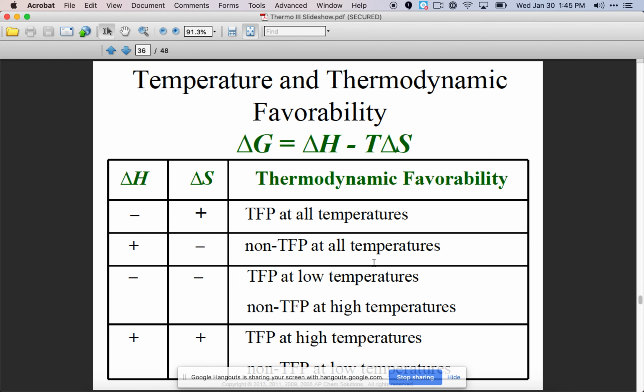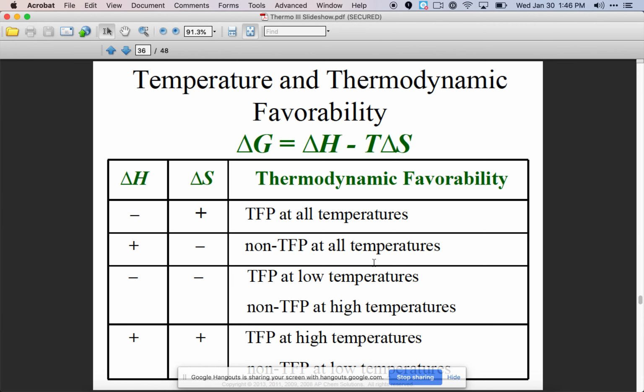Now, unfortunately, that is not a guarantee that it's going to be negative, because if T is big, the combination of T times a negative delta S makes the overall Gibbs free energy not negative. Are we okay with that? Yes, no, maybe?